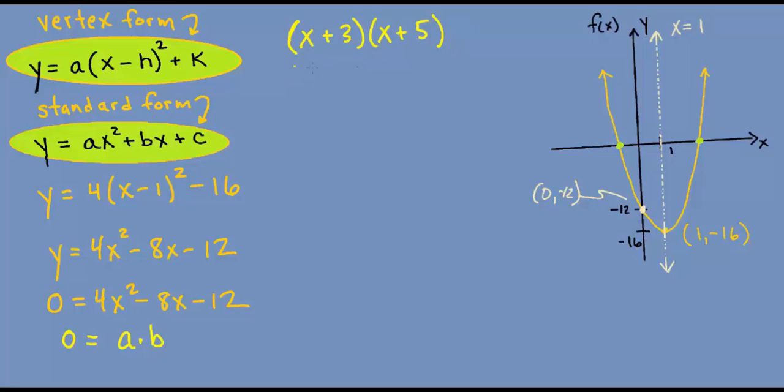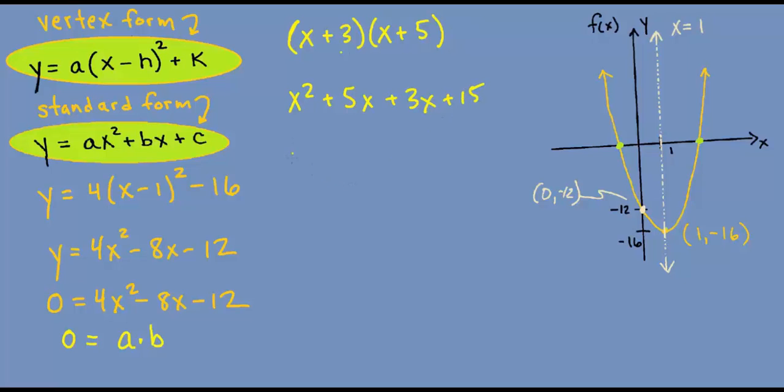If you don't remember foiling, look at the last video on standard form. We would get x squared plus 5x plus 3x plus 15.